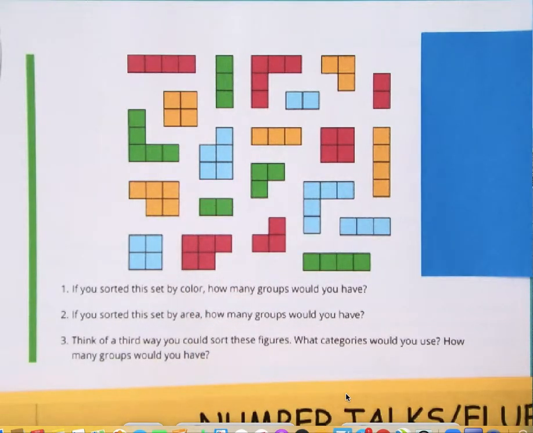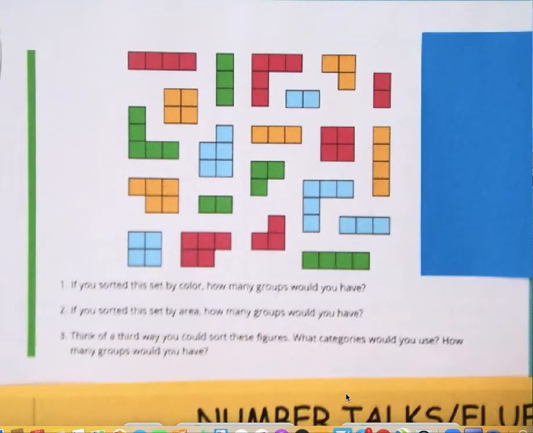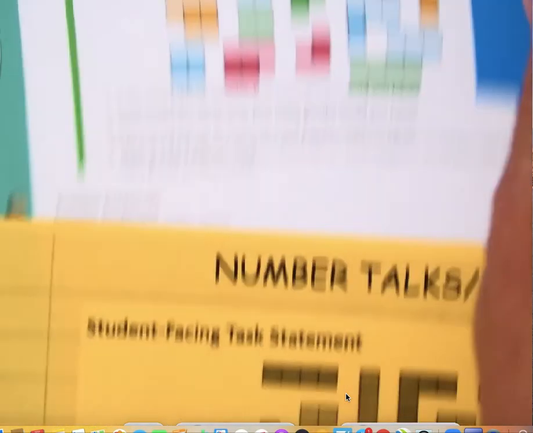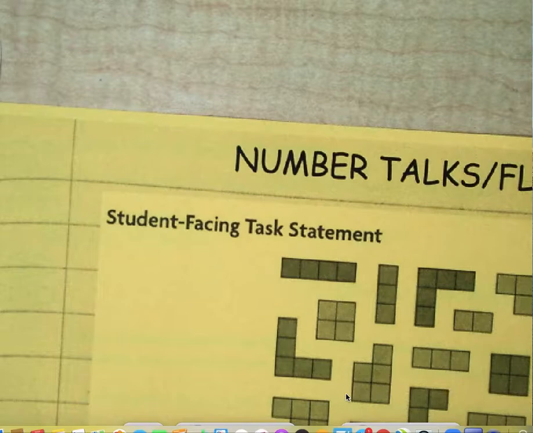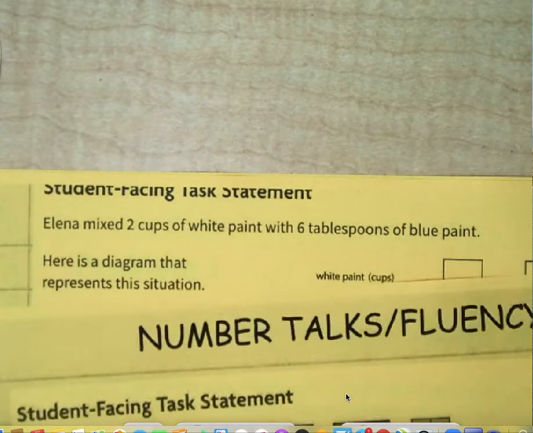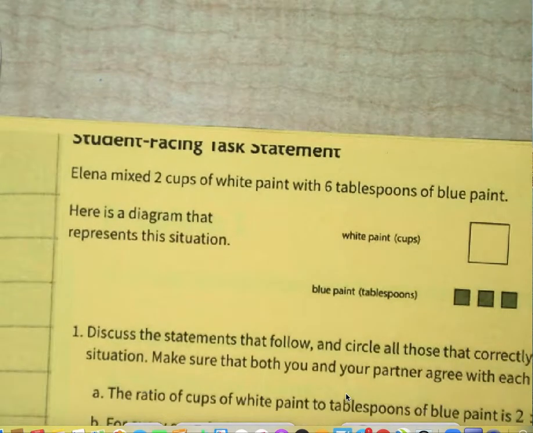Could you sort them that way? Of course you could. So the idea I'm wanting you to come with is maybe there's not always one finite correct answer. Okay? So let's keep going.